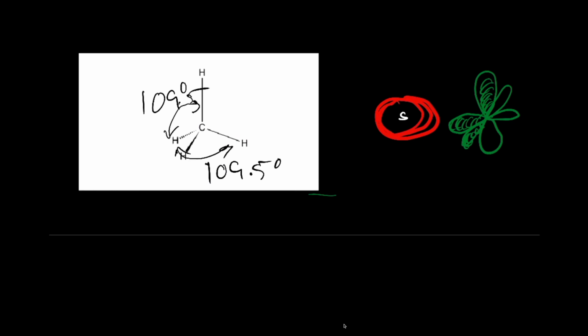So how do you make 109.5 degrees from these two orbitals? Because those are your options. Carbon is 1s2, 2s2, 2p2, and those are your two combinations. So how do you mush them together in order to make these angles? And that is a trick.